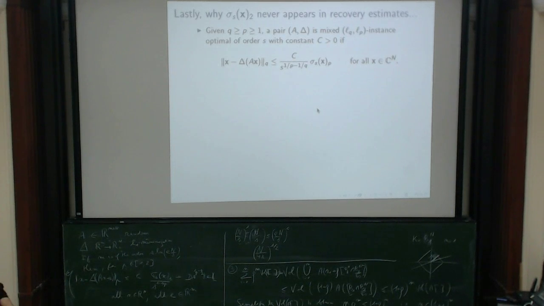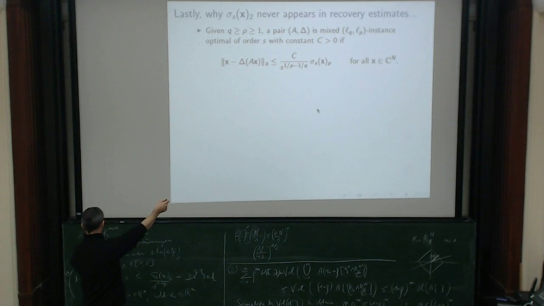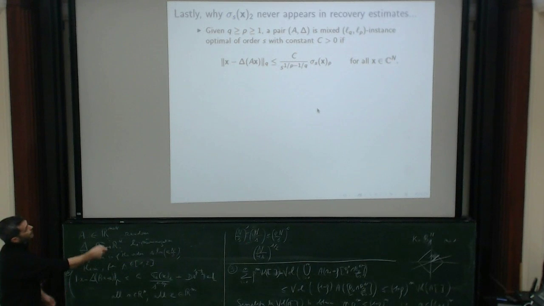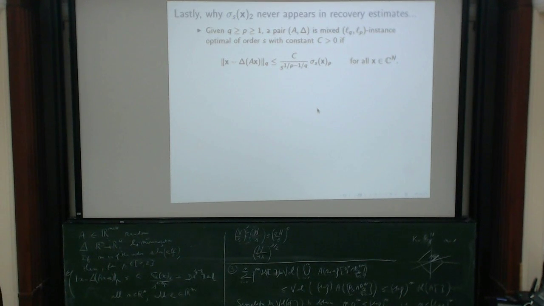What's important would be the argument I would give you, but first just a bit of terminology. When you consider arbitrary A and delta, if you have a reconstruction estimate of this type with Q and P here instead of 1, with a proper exponent on S, you say that the pair is instance optimal of order S with that constant C, so in LQ, LP.